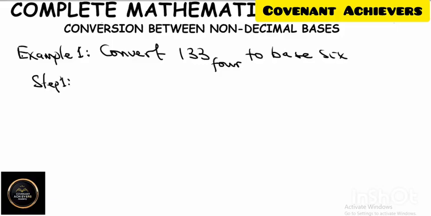Step 1 is to convert 133 base 4 to base 10. If you want to convert to base 10, that means you are going to expand to the power of the base. Now remember what we have discussed about that.